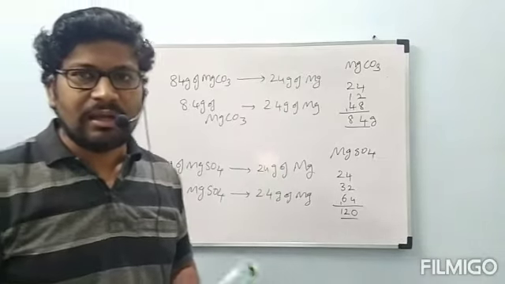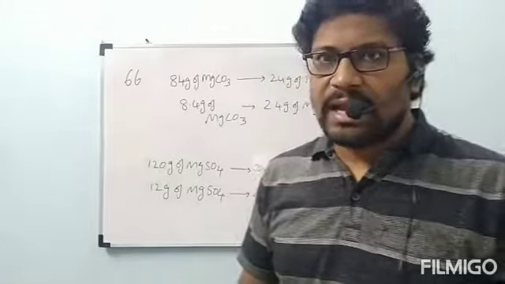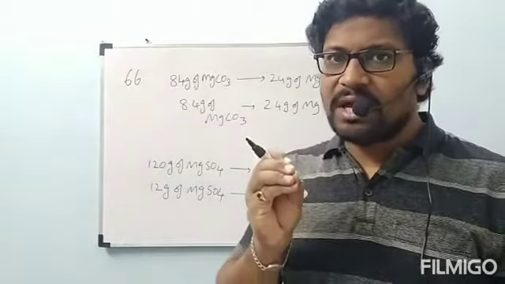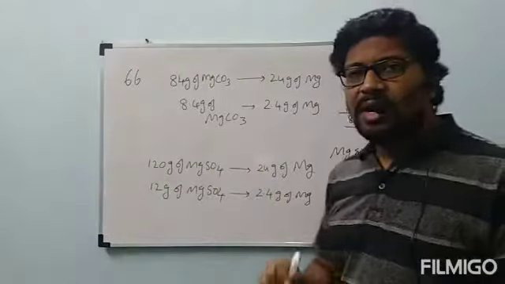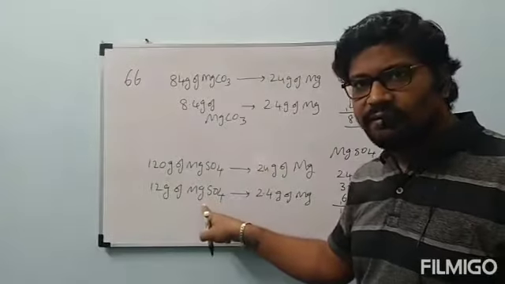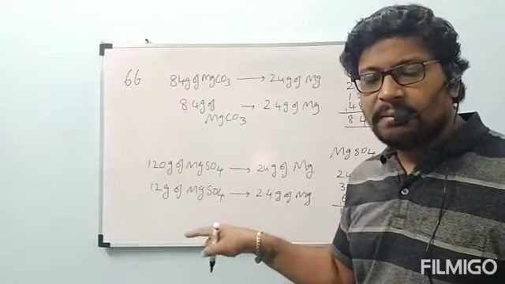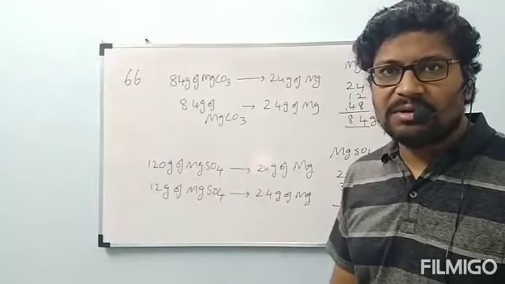Okay, an easy thing. This type of calculation is also very important. I explained clearly. This is related to NEET, and we have to respond very fast. Please understand carefully. First, what is the question they asked? 12 grams of magnesium sulfate should be prepared using some amount of magnesium. They did not ask directly how much magnesium.